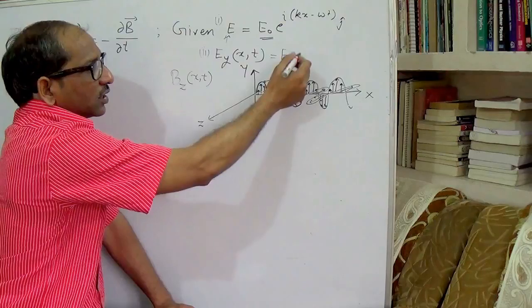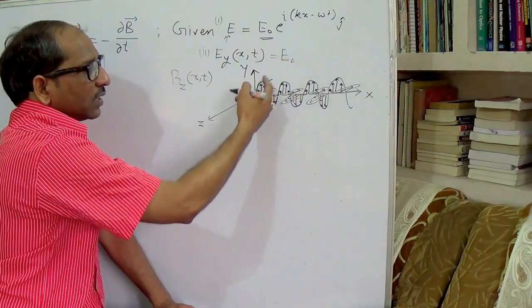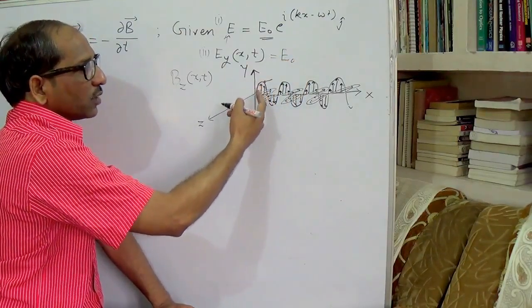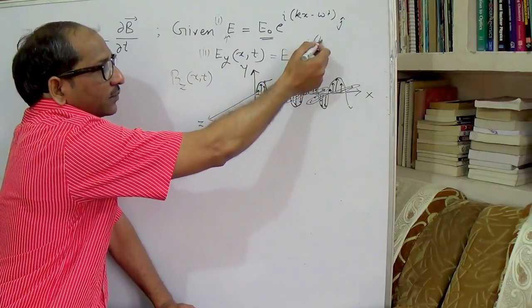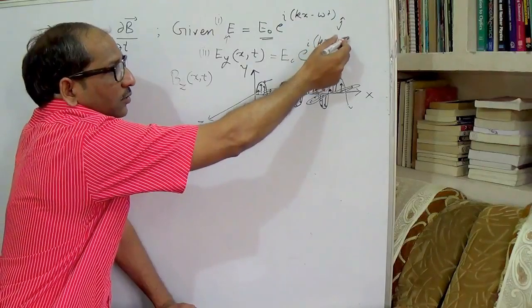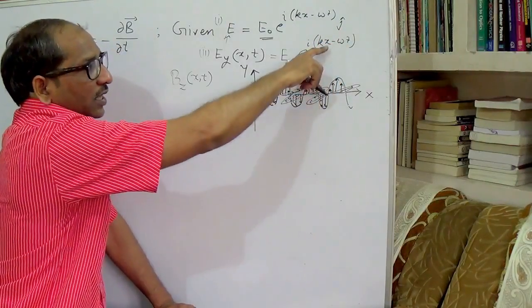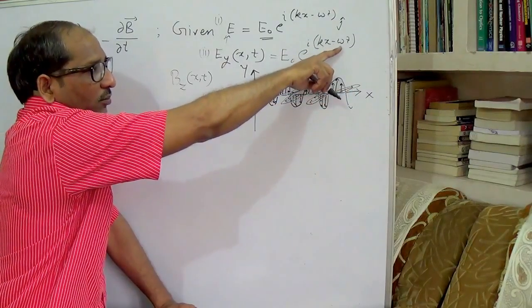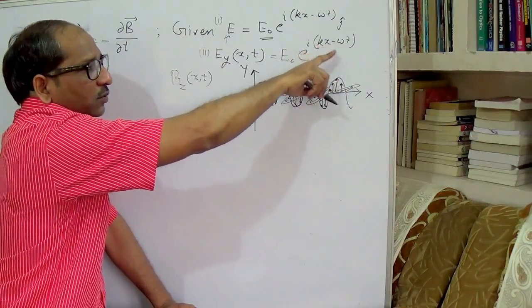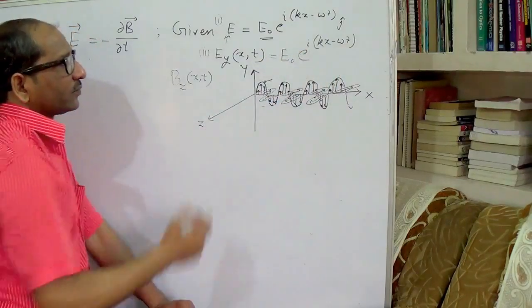So this is E naught, that is the maximum amplitude of the vibration, and this is the exponential part, e to the power i(kx minus omega t), where x defines the direction of propagation, omega is the angular frequency, k is the wave vector, and t is time.